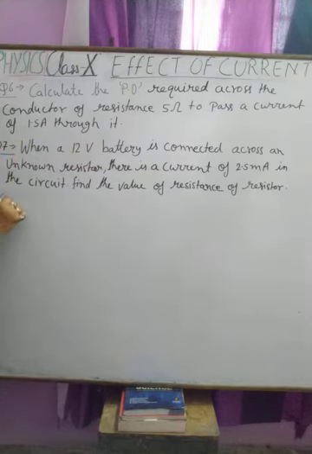The solution of problem 6 is: we are given the resistance of the conductor or resistor is 5 ohm, which draws a current of 1.5 ampere. Okay student, we need to calculate the potential difference across the resistor.